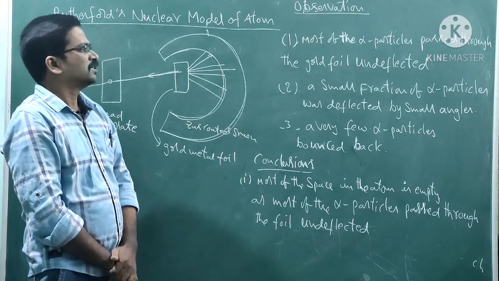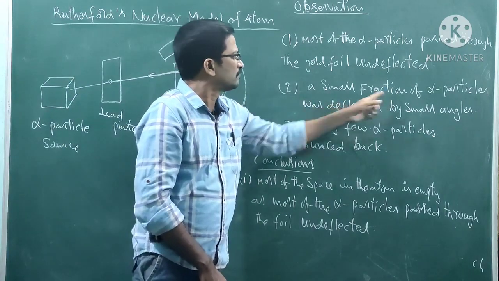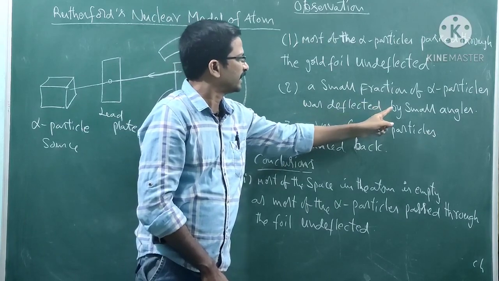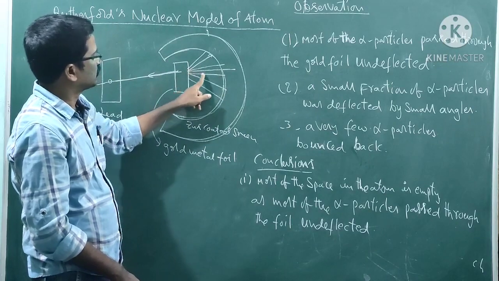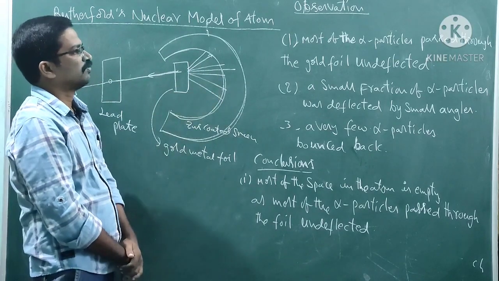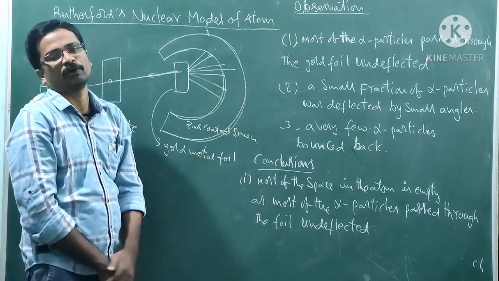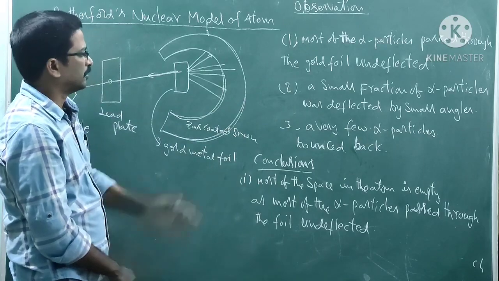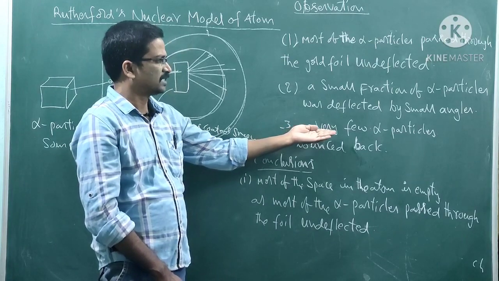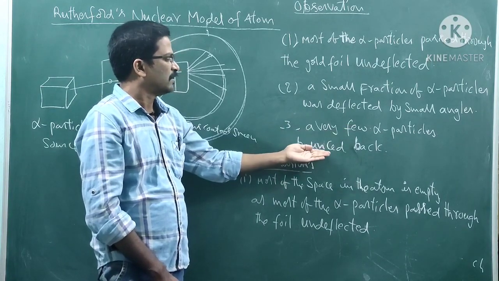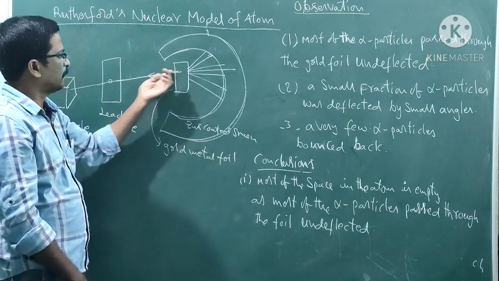Next point, he observed that a small fraction of alpha particles was deflected by small angles. Third observation: a very few alpha particles, this number is very small, bounce back.